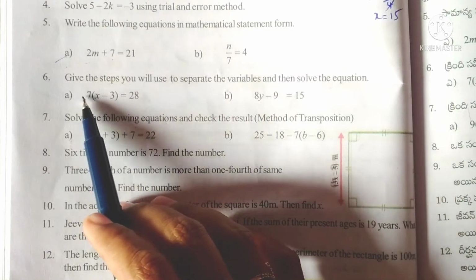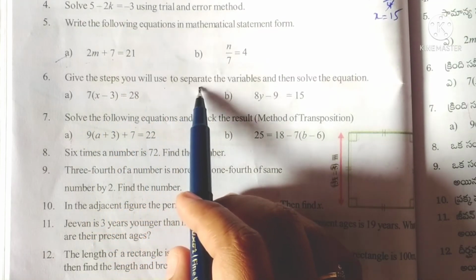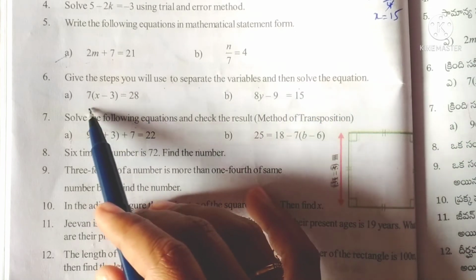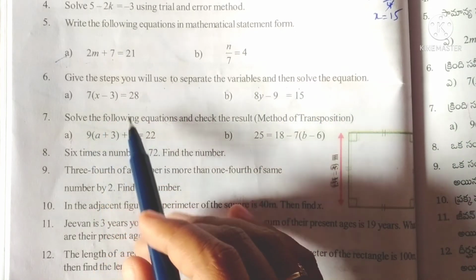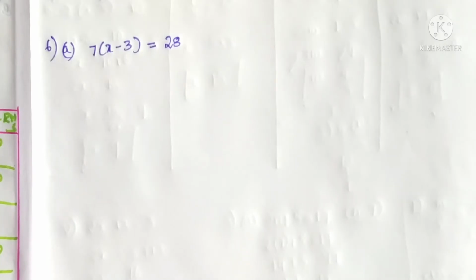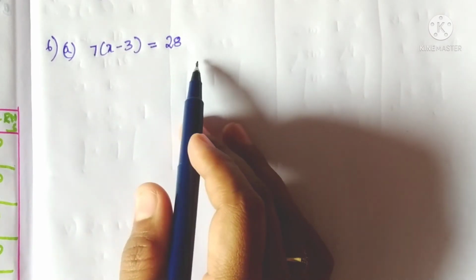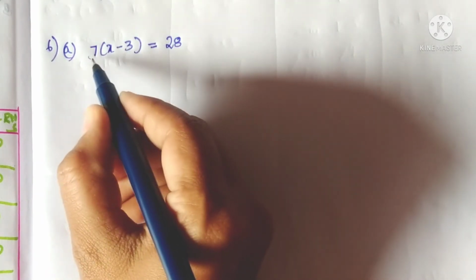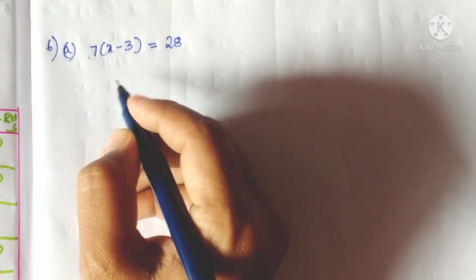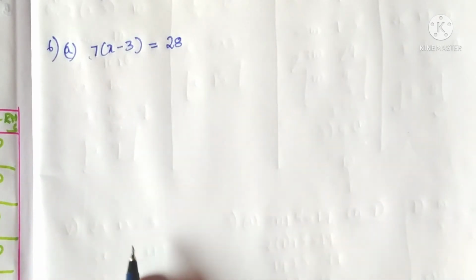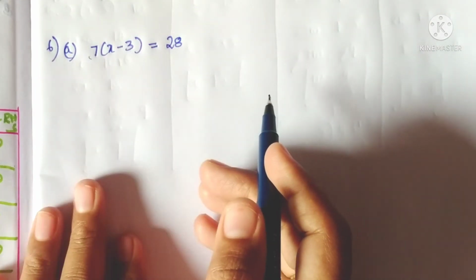Sixth problem. Give the steps you will use to separate the variable and then solve the equation. Okay, we want to solve this equation. First one, 7 into x minus 3 equals 28. So if you multiply this 7 with the terms in the bracket, when there is a number in front of the bracket, it multiplies with the numbers inside the bracket.